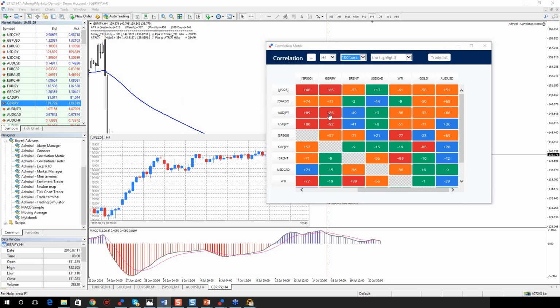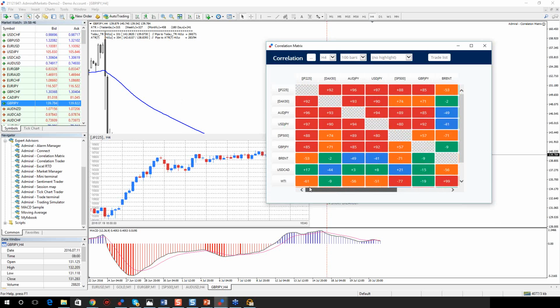AUD/JPY and pound yen, 85 correlation. It means they move in the same manner, right? Watch this. AUD/JPY and SP 500 is plus 89. Now, AUD/JPY and DAX, 93.